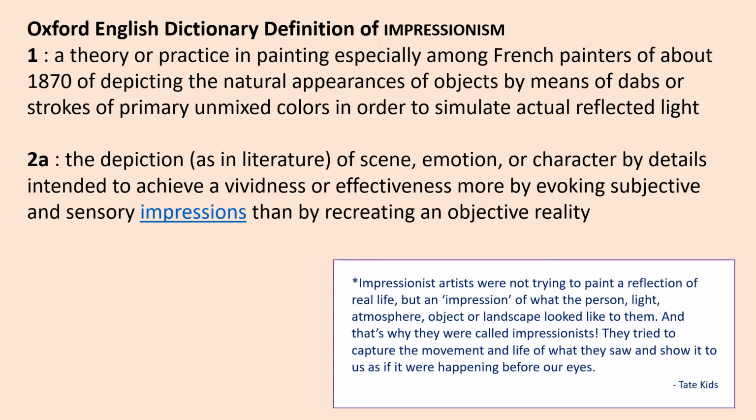That's why they're called Impressionists. They tried to capture the movement and a moment in life and show it to others. And that's something that we can do when we're creating art ourselves, is show a moment in time and what we feel about it and show it to others.